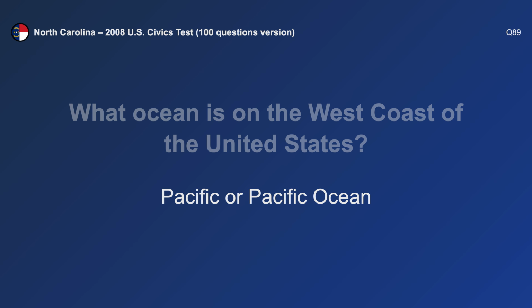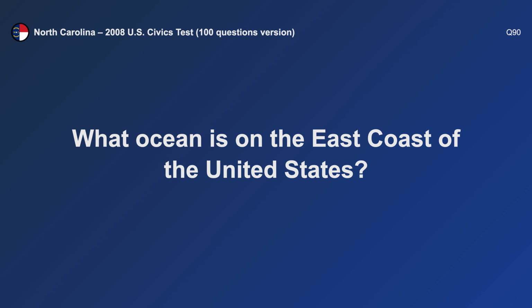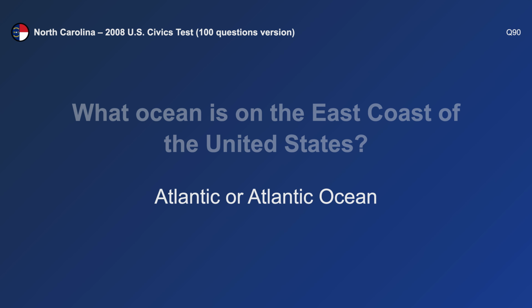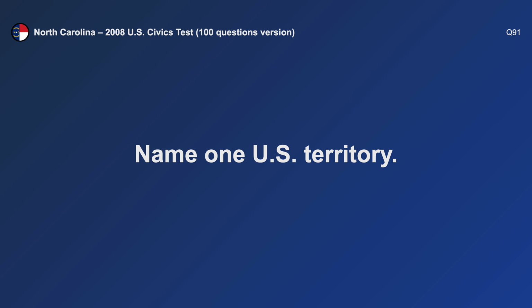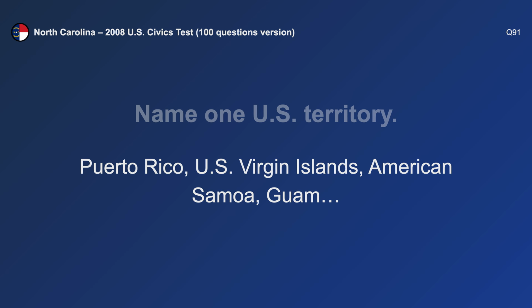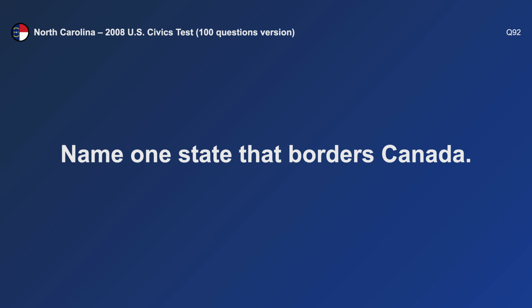What ocean is on the east coast of the United States? Atlantic. Name one U.S. territory. Puerto Rico. Name one state that borders Canada.